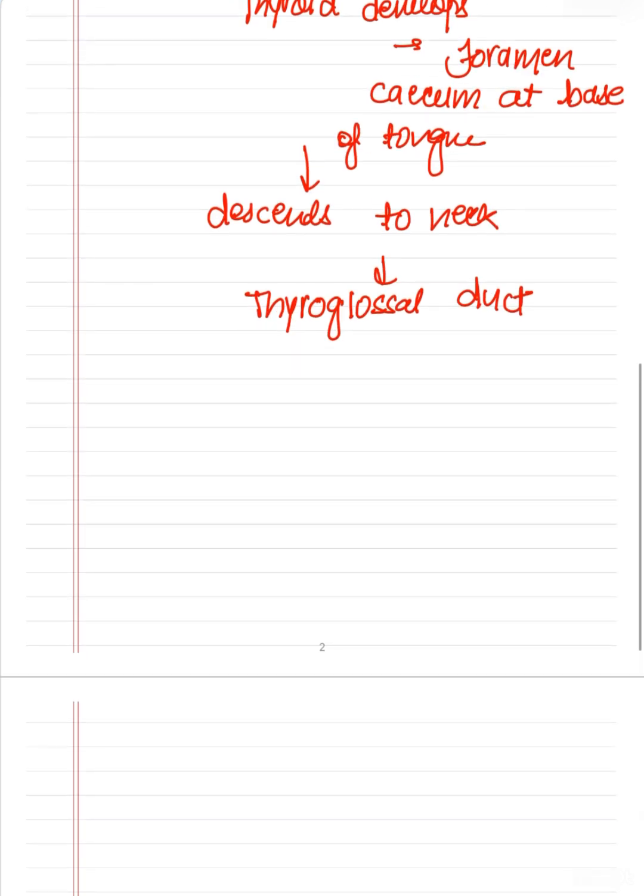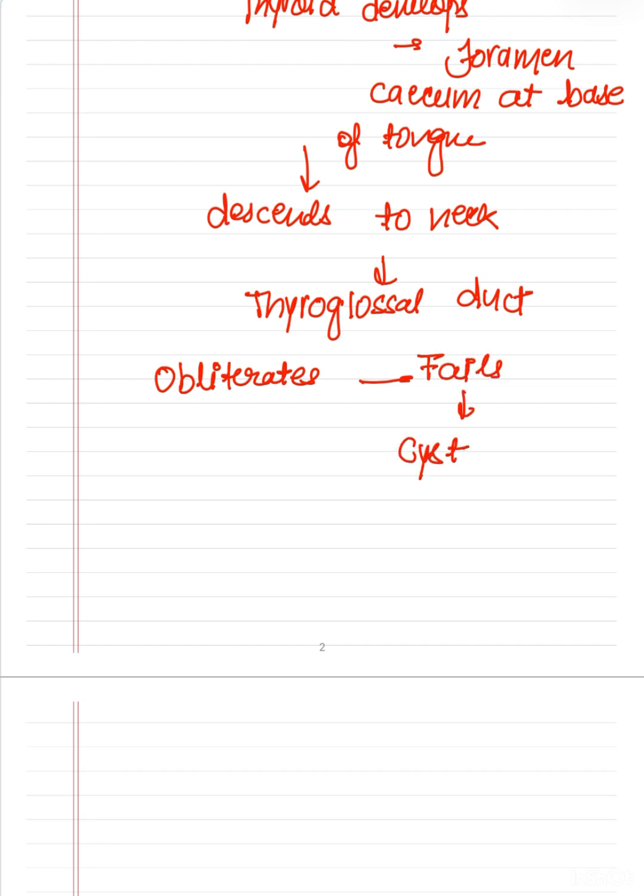Generally it obliterates, but if it fails to obliterate, it leads to cyst formation, which is known as thyroglossal cyst.